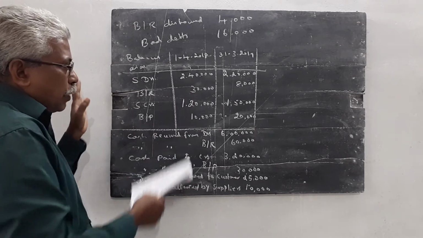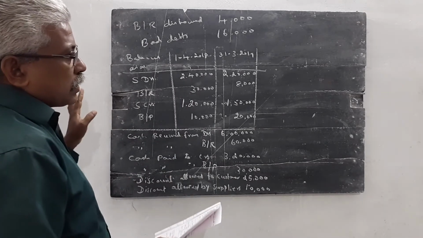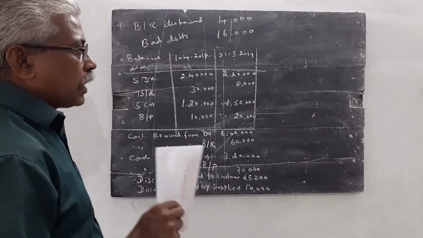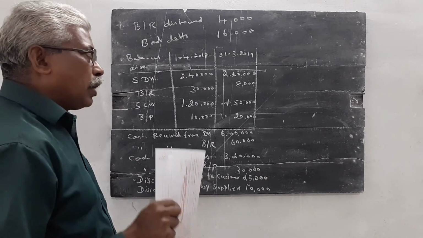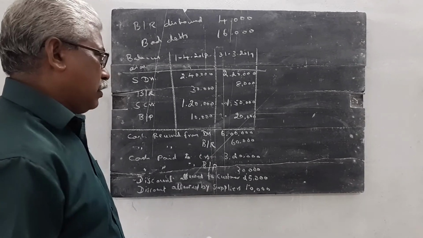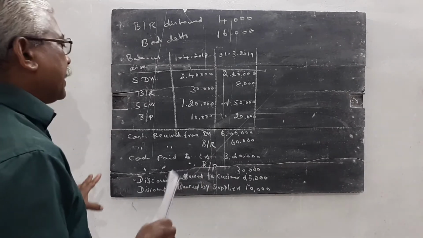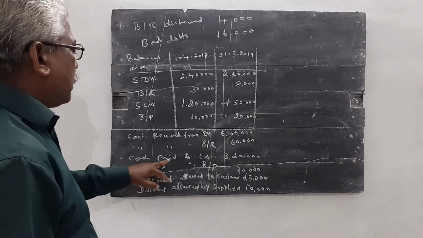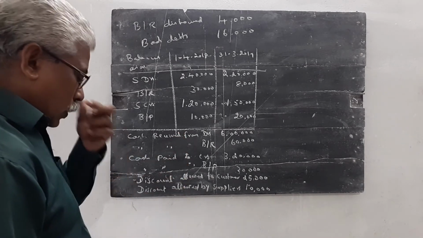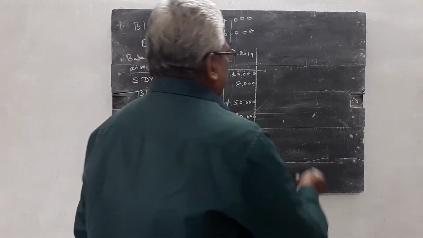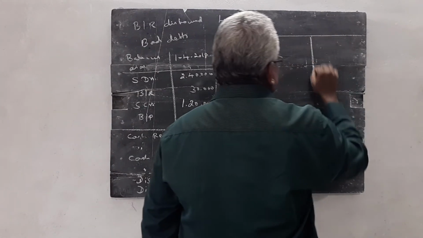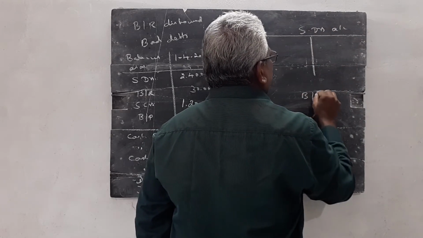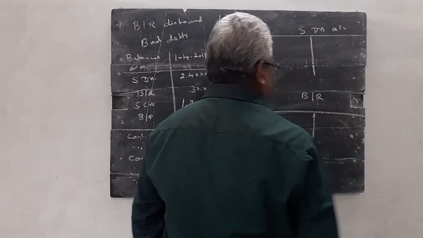From this information, we have to prepare the sundry debtors account and bills receivable account. If you prepare the sundry debtors account and bills receivable account, we will get the credit sales. If you prepare the sundry creditors and bills payable account, we will get the credit purchases. So first we complete the sundry debtors account and bills receivable account simultaneously.